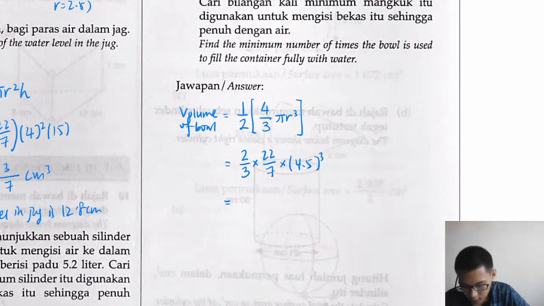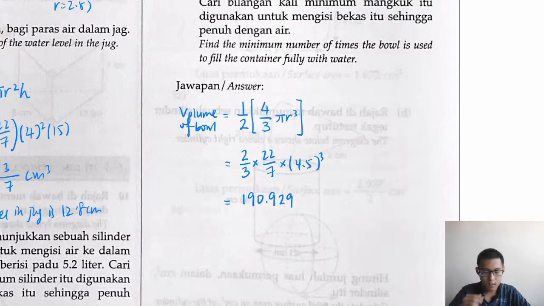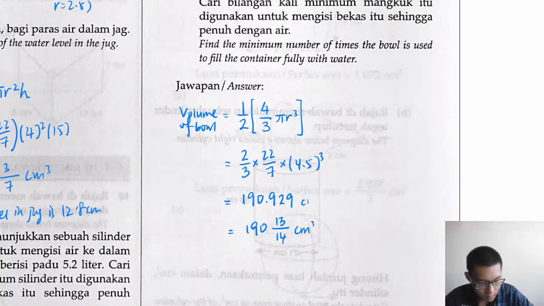Therefore, we try to find out how much the volume in the bowl is. 22 over 7 times 4.5 cube is 190.928. If better, you also can try to use the fraction, 190 and 13 over 14 cm cube, or ml.